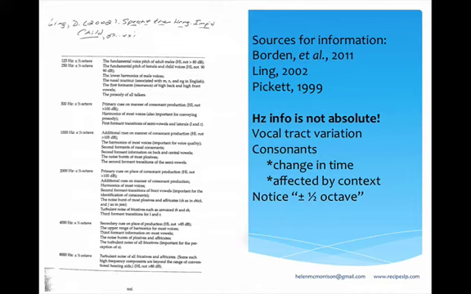Now, the information that we will be presenting in this lecture comes from a variety of sources. A primary source is the Ling list of speech acoustic cues by audiometric frequency, and that's the copy of the page in the Ling 2002 book, which is in the reference list on the left-hand portion of this slide.